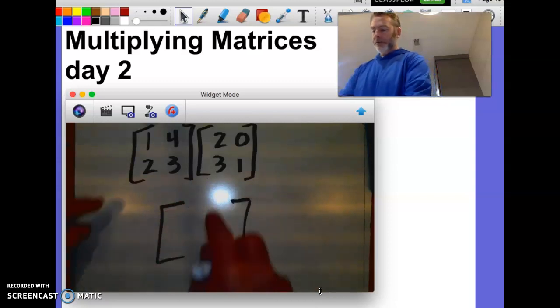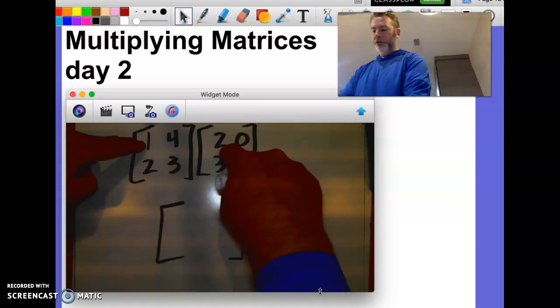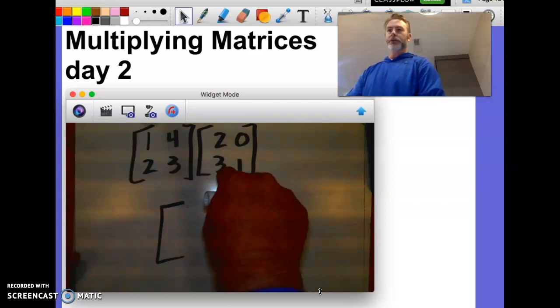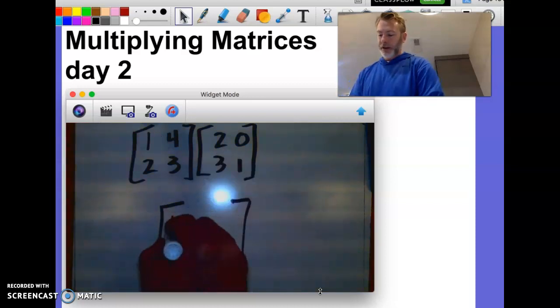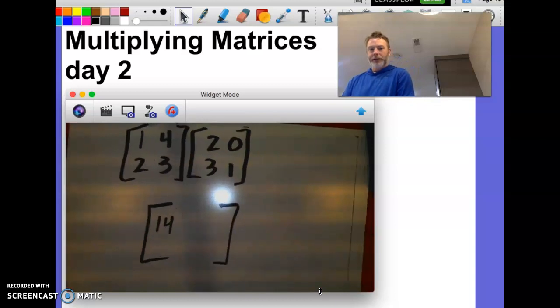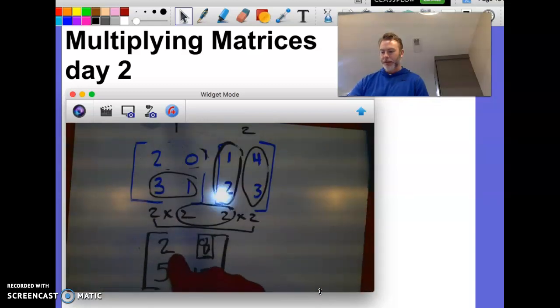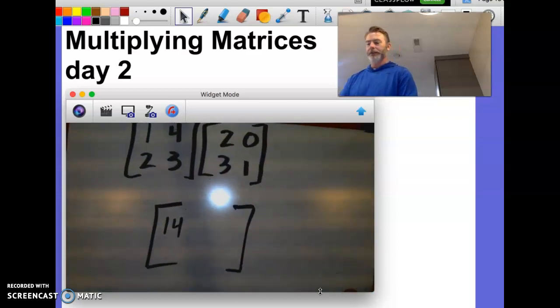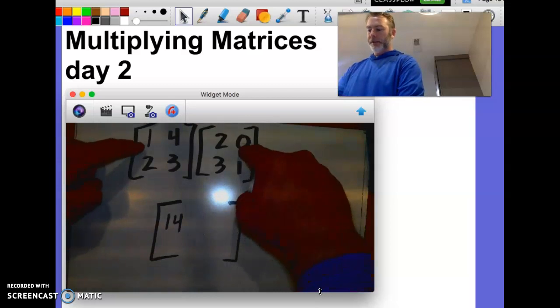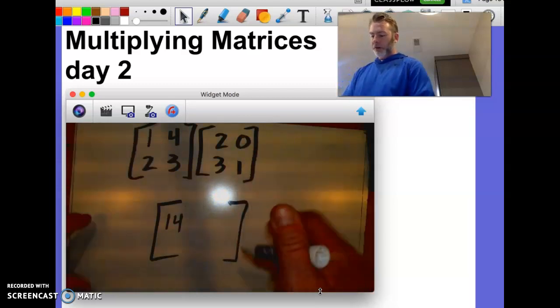It's a 2 by 2, so I'll use my hand trick here again. 2 and 12. 2 plus 12 is 14. Now, right out of the gates, I've got an issue. That address is not the same. In this order, the element was 2. In this order, it's 14. So it's not going to be commutative. Check it out: 0, 4.